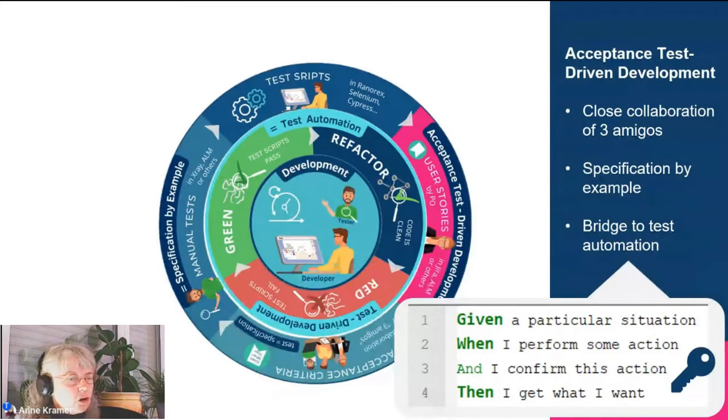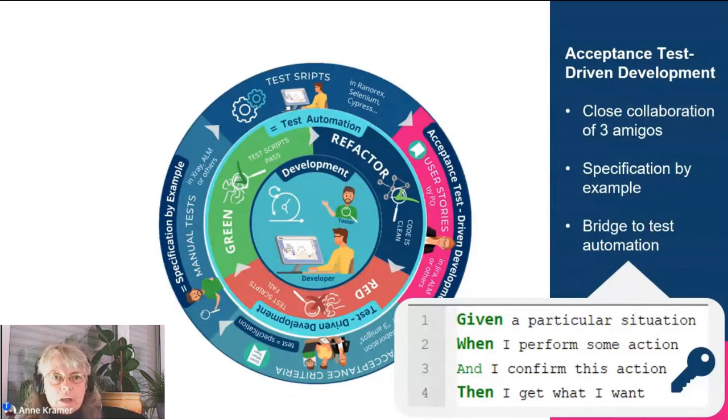If you have short sprints of 2 weeks, for example, then the user story cannot be larger than 2 weeks. So you get a rather granular view of the system. And this can be a problem, especially for systems where you have a lot of interdependencies of the user stories.